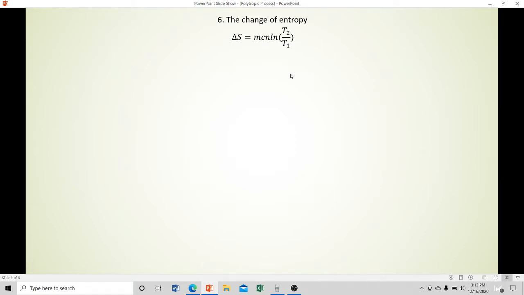Okay? For the steady flow polytropic process, by applying the first law of thermodynamics, we have Q is equal to change of P plus change of K plus change of H plus work steady flow. Assume that your potential energy becomes zero and your kinetic energy is equivalent to zero.